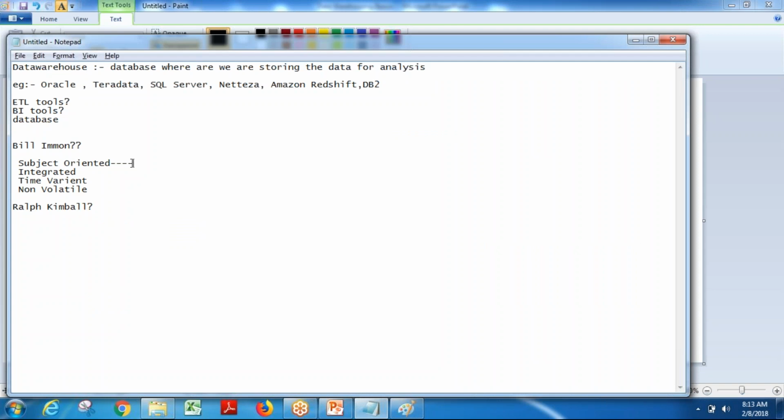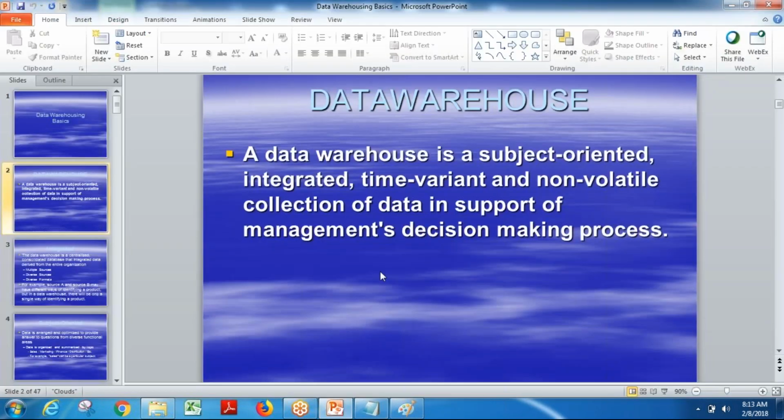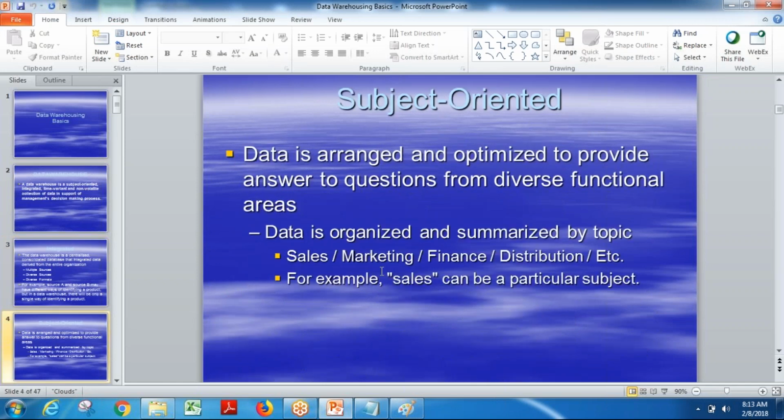Subject oriented means that whenever we are building a data warehouse, we categorize the data according to each subject area or each department in an organization. Data is organized and summarized based on the topic or each department.